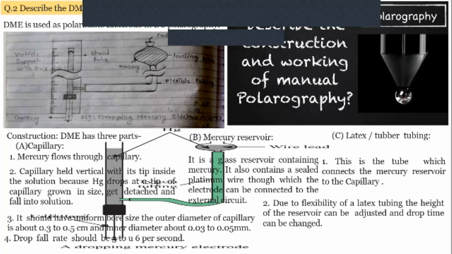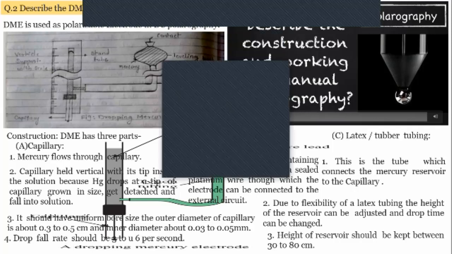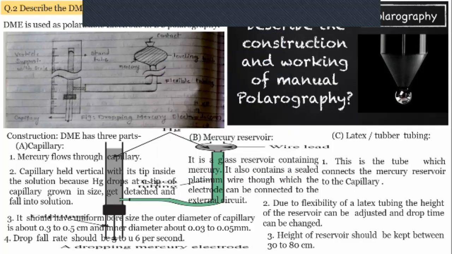Due to its flexibility, the height of the reservoir can be adjusted and the drop time can be changed. The height of the reservoir should be kept between 30 and 80 centimeter.